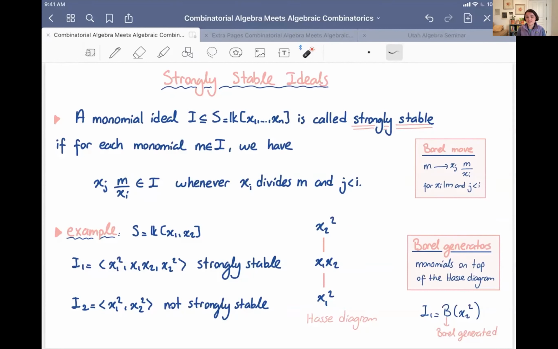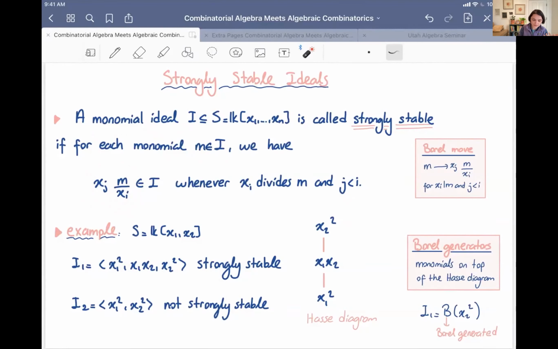Okay, so what is a strongly stable ideal? A monomial ideal is called a strongly stable ideal whenever you have a monomial m in the ideal, you can replace a variable that divides the monomial with a variable of lower index. So we have x_i dividing m, but then we replace it with a variable with a lower index, and it should still stay inside the ideal.